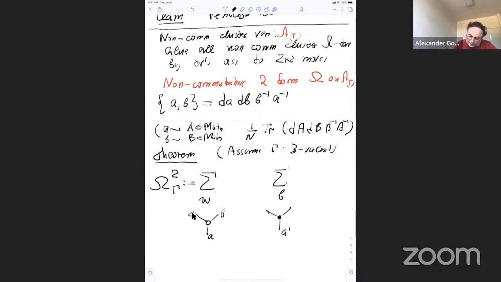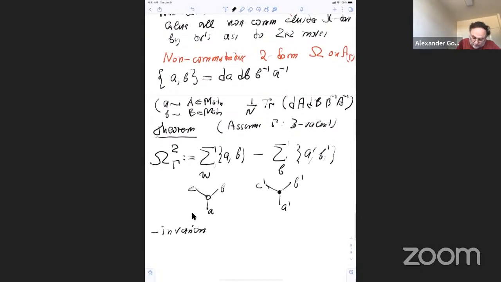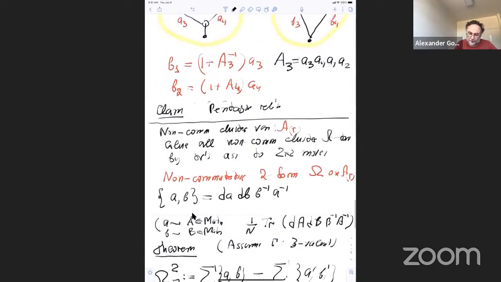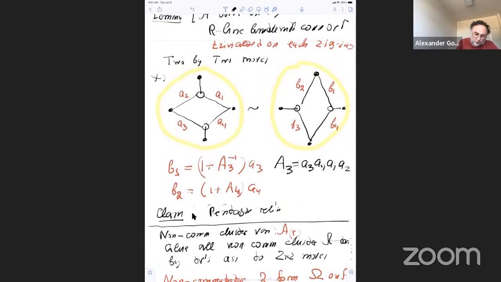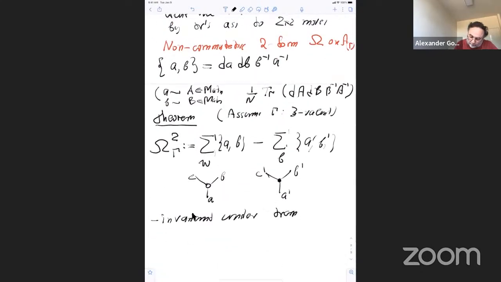Let's call them A prime, B prime, C prime. And so you just write down the corresponding two forms. And the main theorem is that this two form is invariant under these transformations which we introduced before. So let me call them star. So this is a fact.